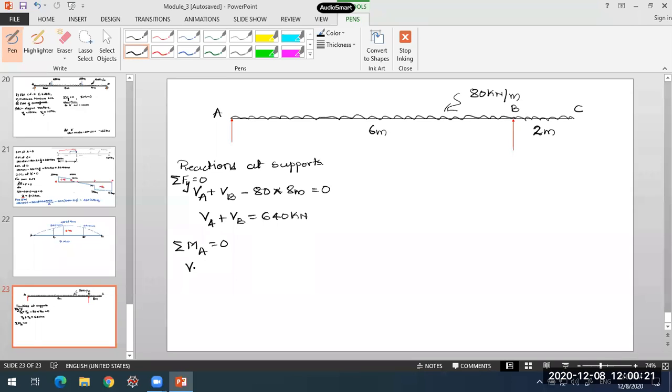So we have VB into 6 meter, anti-clockwise, minus 80 into 8 into 8 by 2, which should be 0. This will give us VB.